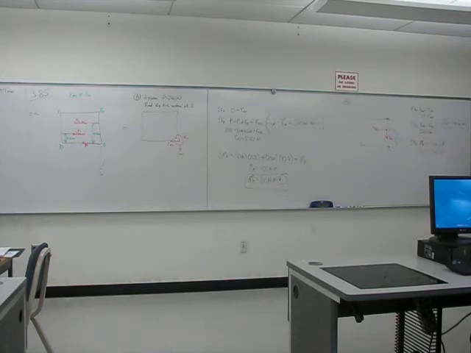So if I want to solve for D, it's a simple division. D is equal to 100 divided by 240. If you divide it out, it's something about 0.42 meters. So FE, 240 newtons acting to the left, located 0.42 meters from A on the edge AB.